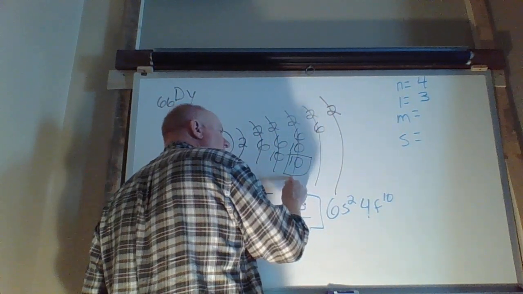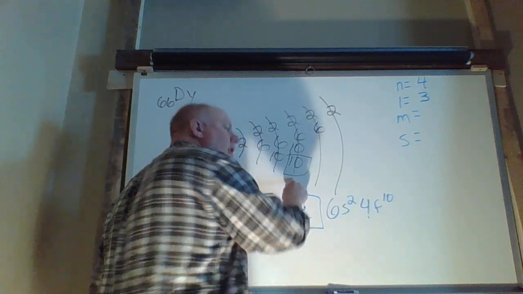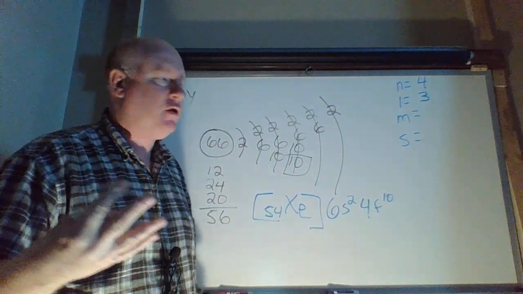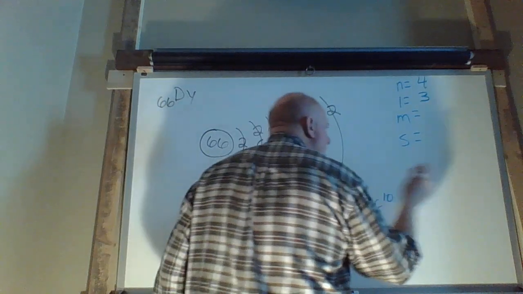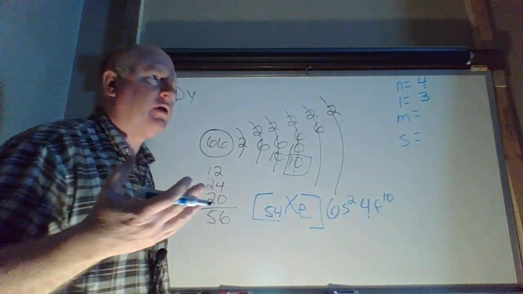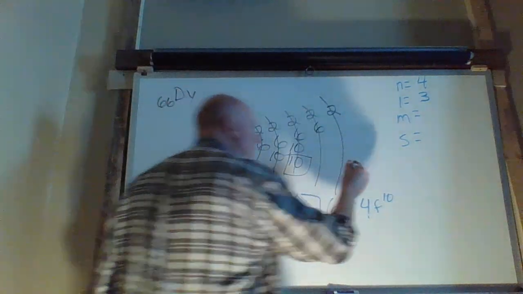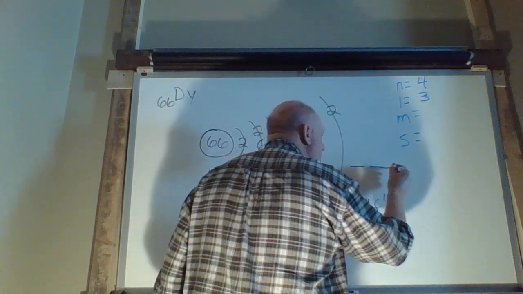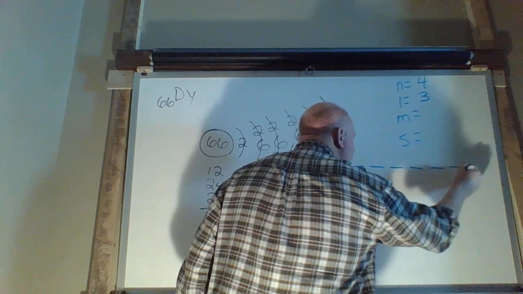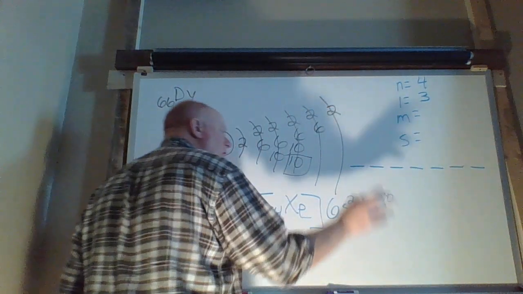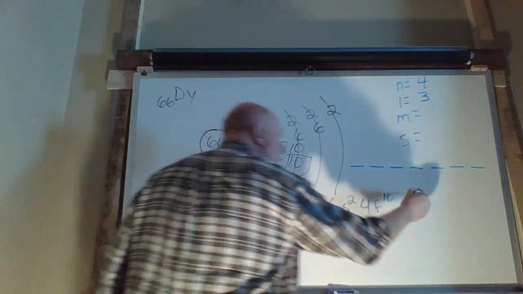Because remember, this can hold 14. And each one of those bus seats can hold 2. So that means how many horizontal lines will you put? Okay, if you had said 7, that would be correct. Okay, so this is the 4f block.